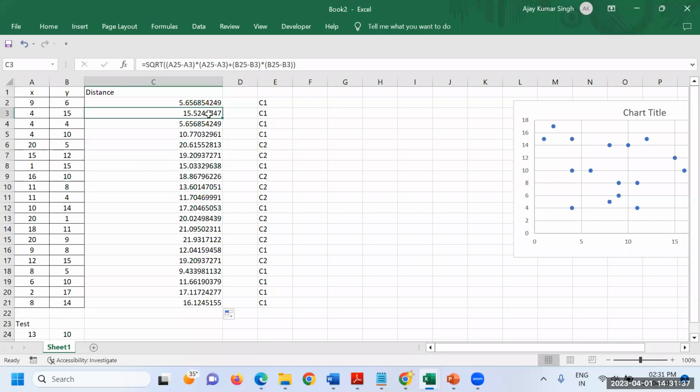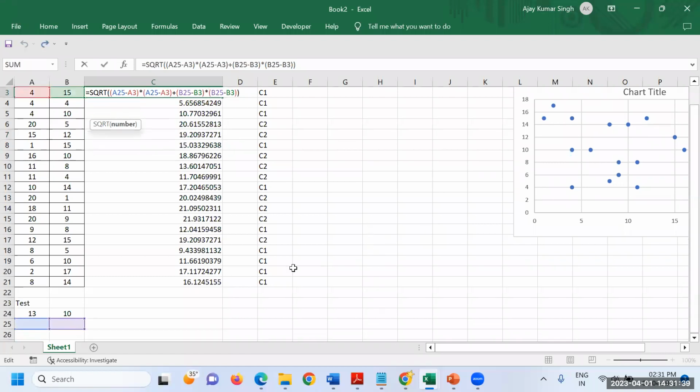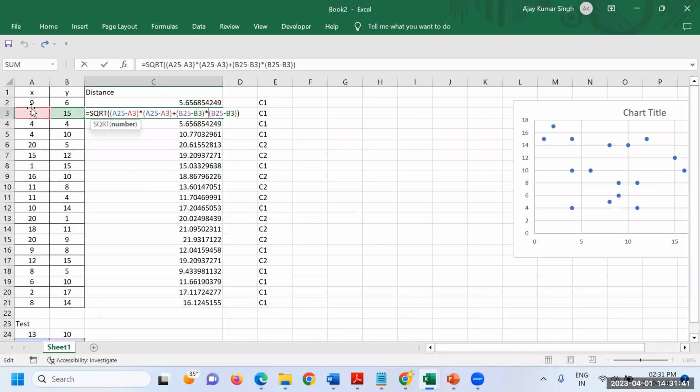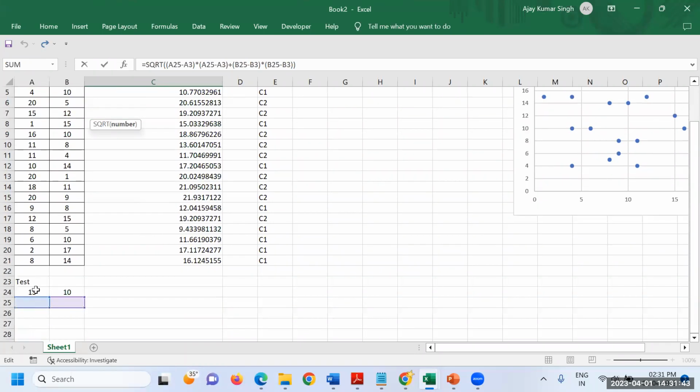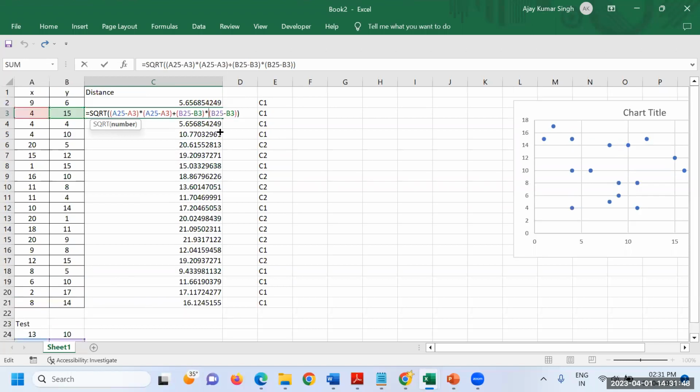Now suppose, for example, I click this, so it must take this point and this point. But it is taking the other cell. Why is it taking the other cell? Because we dragged this one, so it is going to take the relative address. So we have to make this an absolute address. For absolute address, we have to press F4.